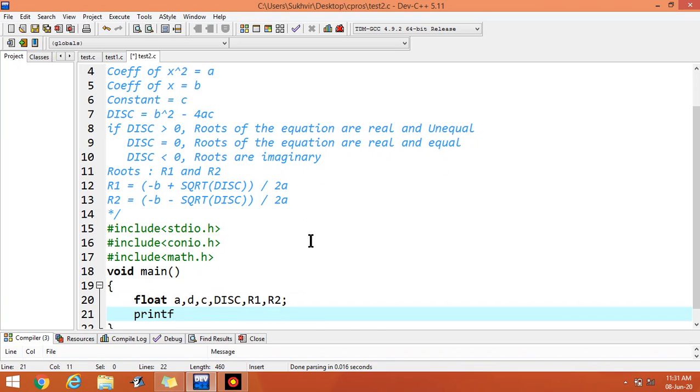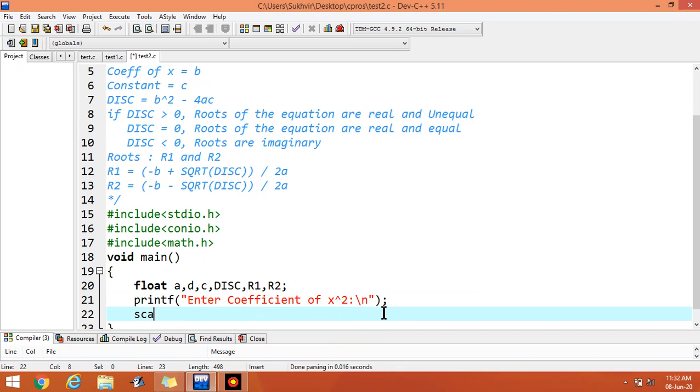From the user end, enter the coefficient of x square. In the first step, you have to enter the coefficient of x square, then scanf percentage f ampersand a. That's the coefficient of x square.